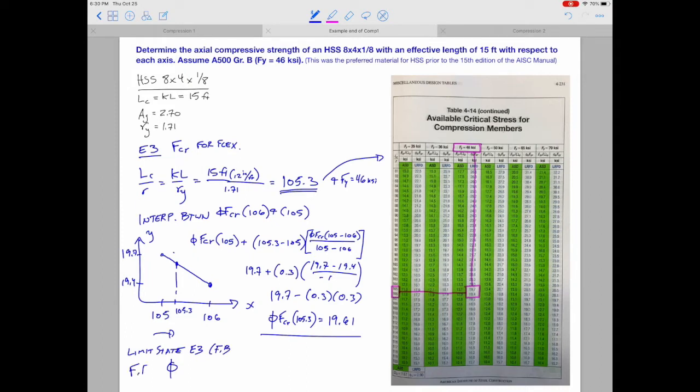I could say it's flexural buckling, gives me phi Pn of phi F critical Ag, and so I have 19.61 KSI, I should put KSI up here, times 2.7 inch square, and of course that gives me 53 kips. Okay, so that's good, I have that. I'll double underline that.